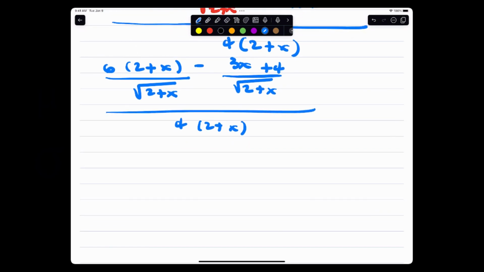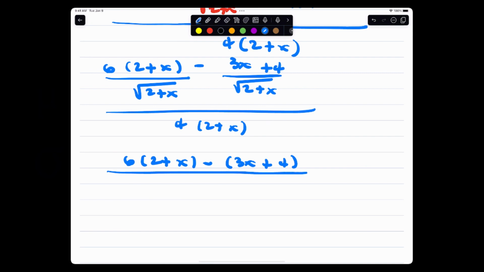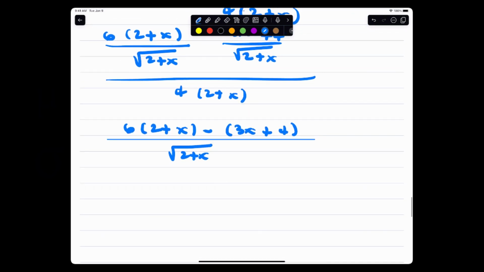How about if we do this? 6 times 2 plus x minus 3x plus 4, that numerator over the square root of 2 plus x, divided by 4 times 2 plus x.